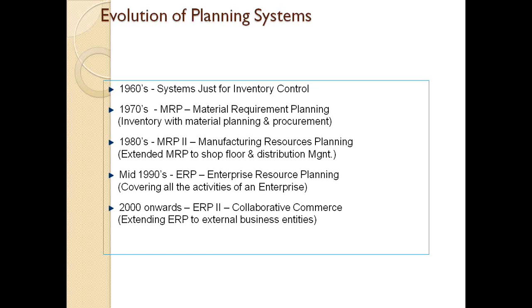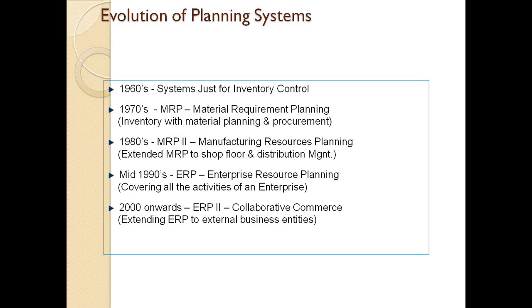In 1980, one more M was added to the MRP, which was manufacturing resource planning, and that is why it was called MRP2, which was an extension of MRP to shop floor and distribution. In the mid-90s, ERP grew up, which is enterprise resource planning.